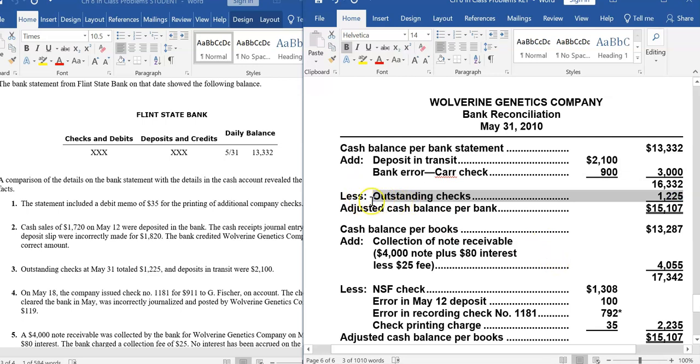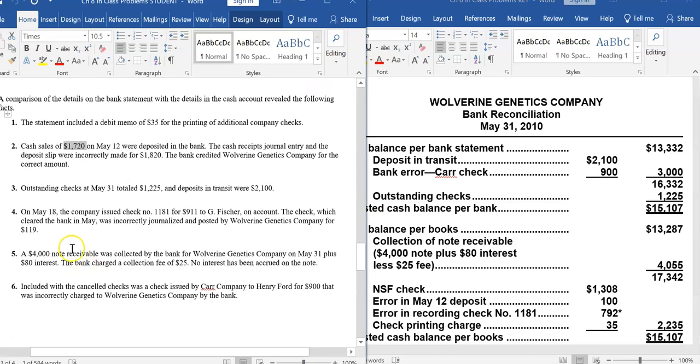On May 18th, the company issued check number 1181 for $911 to G. Fisher on account. The check cleared the bank in May. It was incorrectly journalized, recorded in the general ledger, and posted by the company for 119. The check should have been recorded for 911. It was recorded for 119. The error has not been corrected on the book side of the reconciliation.